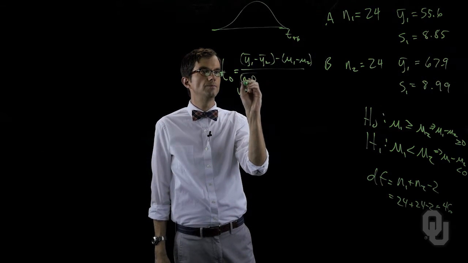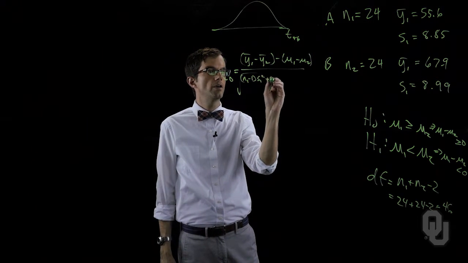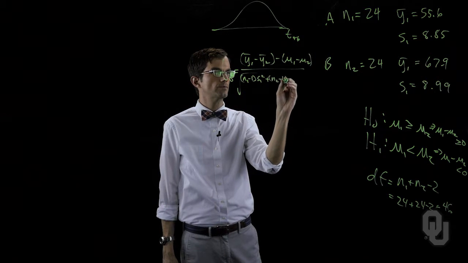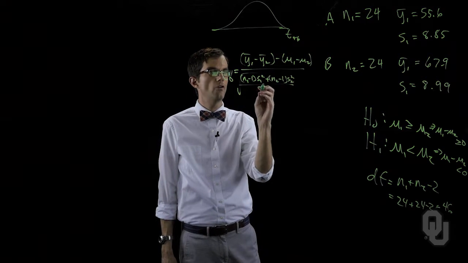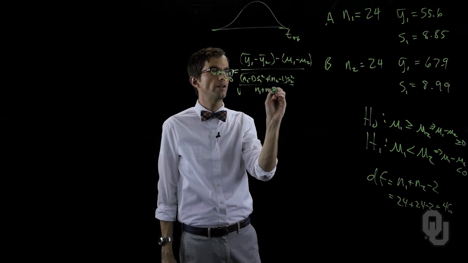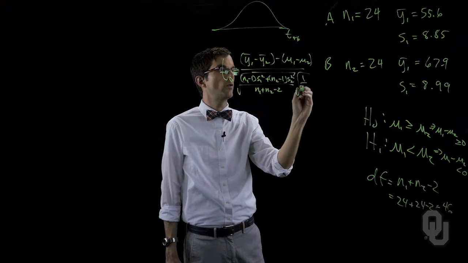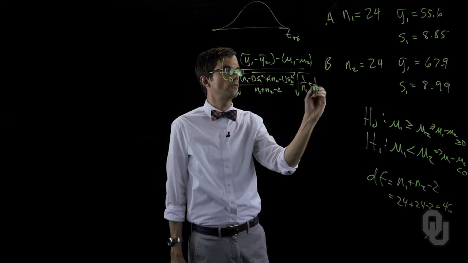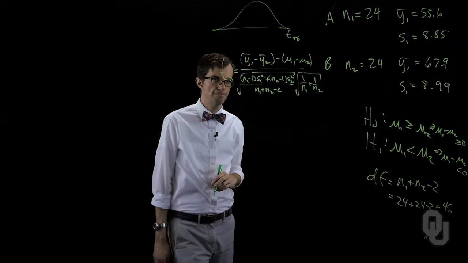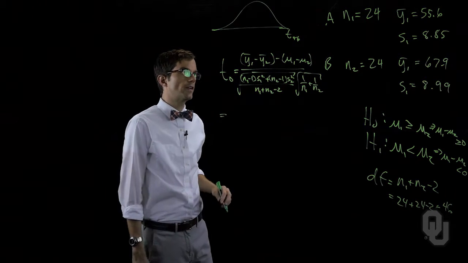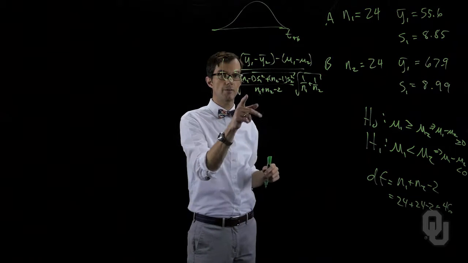That is the square root of N1 minus 1 times S1 squared plus N2 minus 1 times S2 squared over N1 plus N2 minus 2, multiplied by the square root of 1 over N1 plus 1 over N2. Just arithmetic. We've got everything we need. We just have to plug it in.